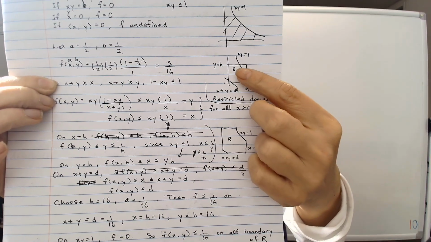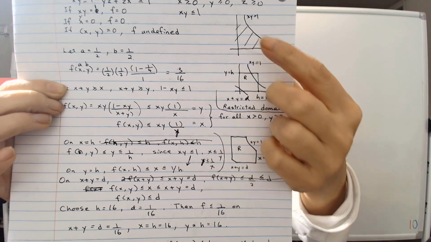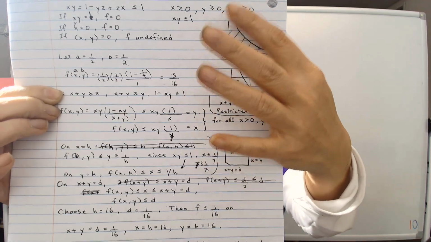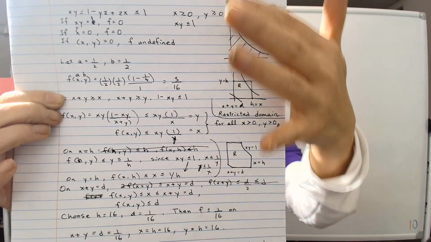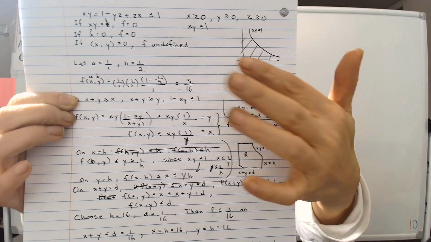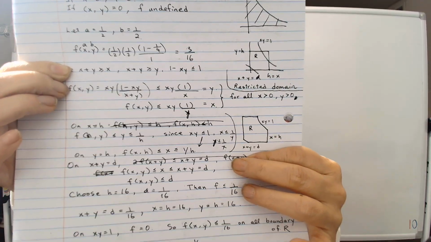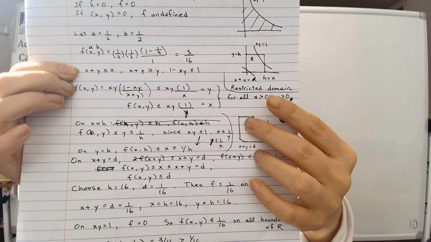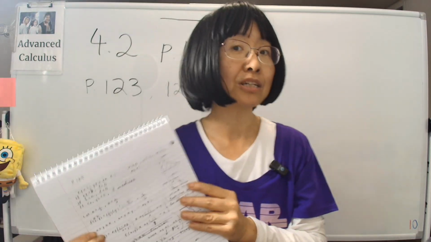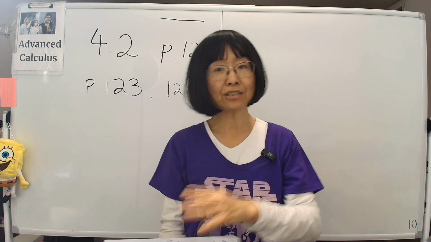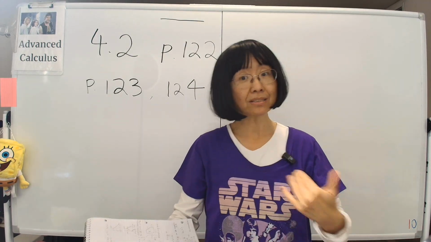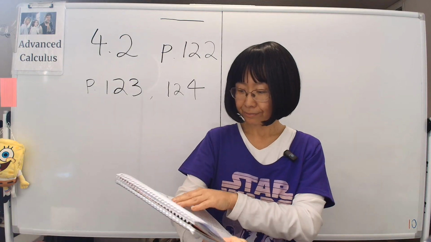So our domain now is inside right here. We cut off the extra part on top, the extra part on the side, and the origin to get this thing. That will be our restricted domain for now. And we can make h as big as we want, but right now h is a fixed large value of some sort.